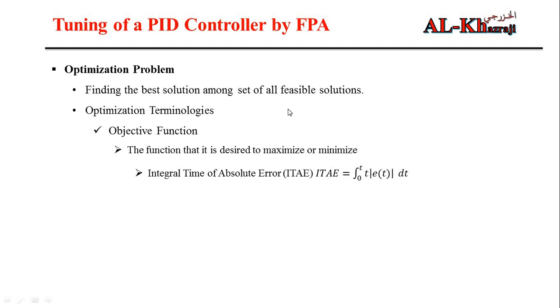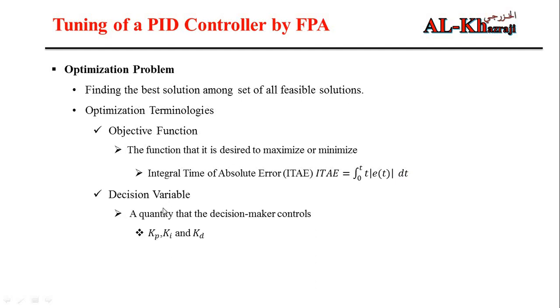Now we need the optimization technique to find the values of Kp, Ki, and Kd which reduce this term, the integral time absolute error. What is our decision variable? The decision variables are Kp, Ki, and Kd, and we also need the search space, which is the lower and upper values of Kp, Ki, and Kd.